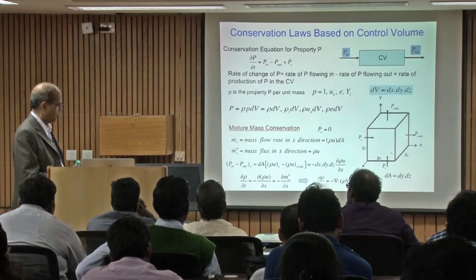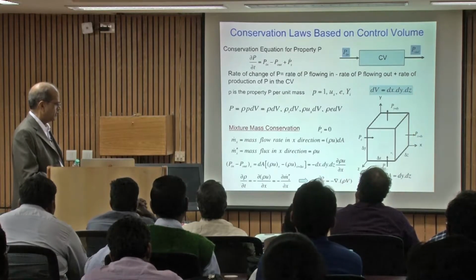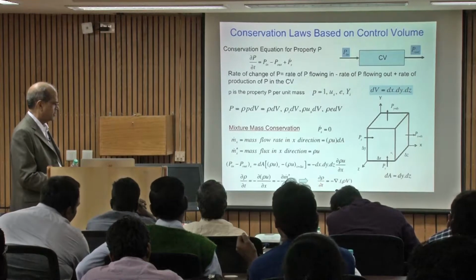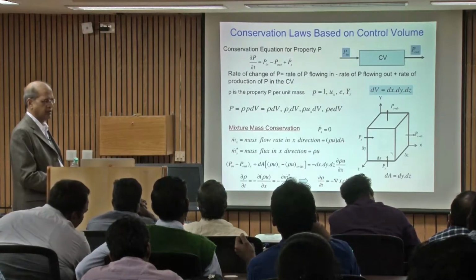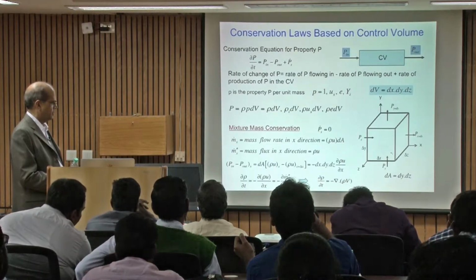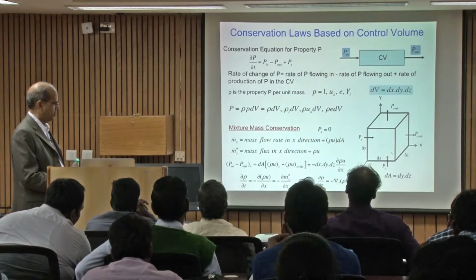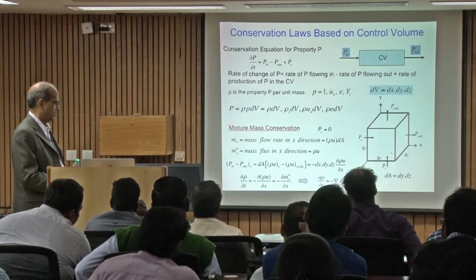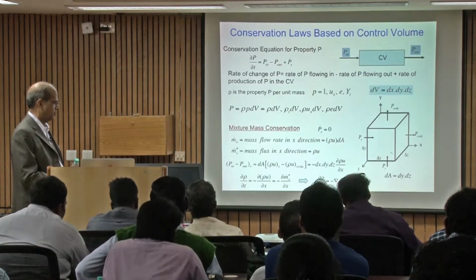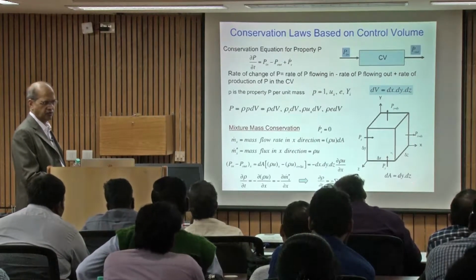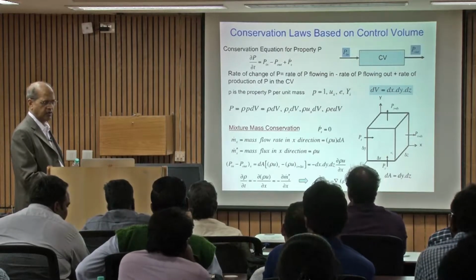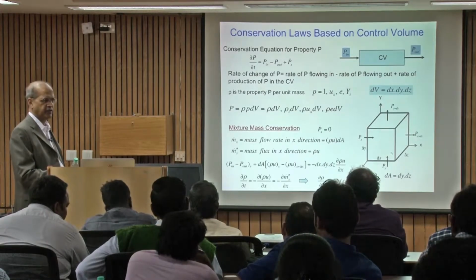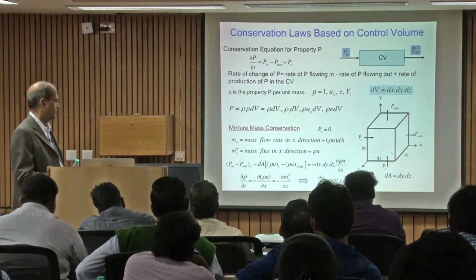Of course, there are a lot of different special cases. If you have a steady state, then d rho dt will be 0, and then divergence of rho v equals 0. And the one dimensional case will be much simpler.